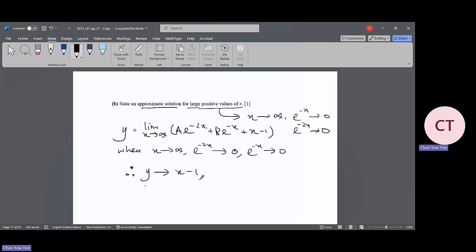However, they want approximate solutions. So over here, we just say y is approximately equal to x minus 1. Okay, so this is the answer for number 2b.